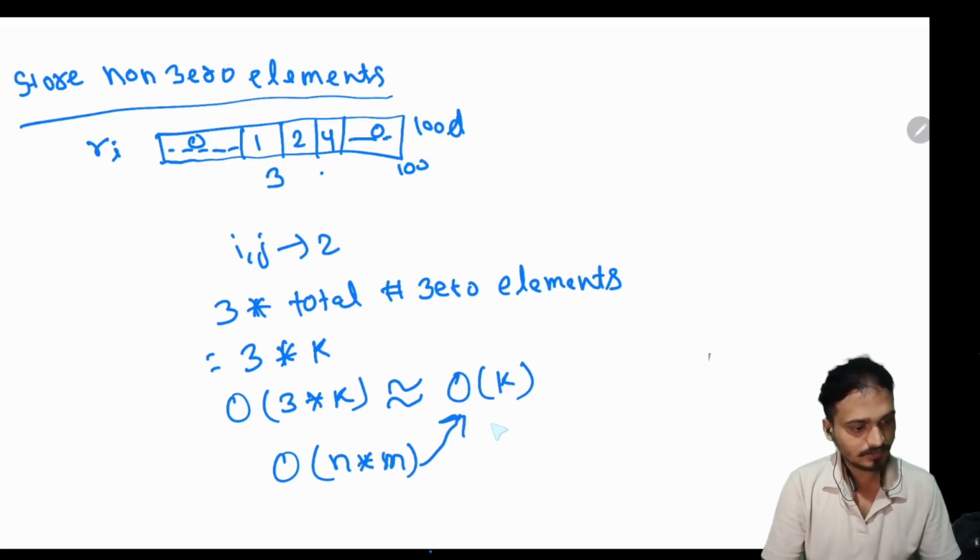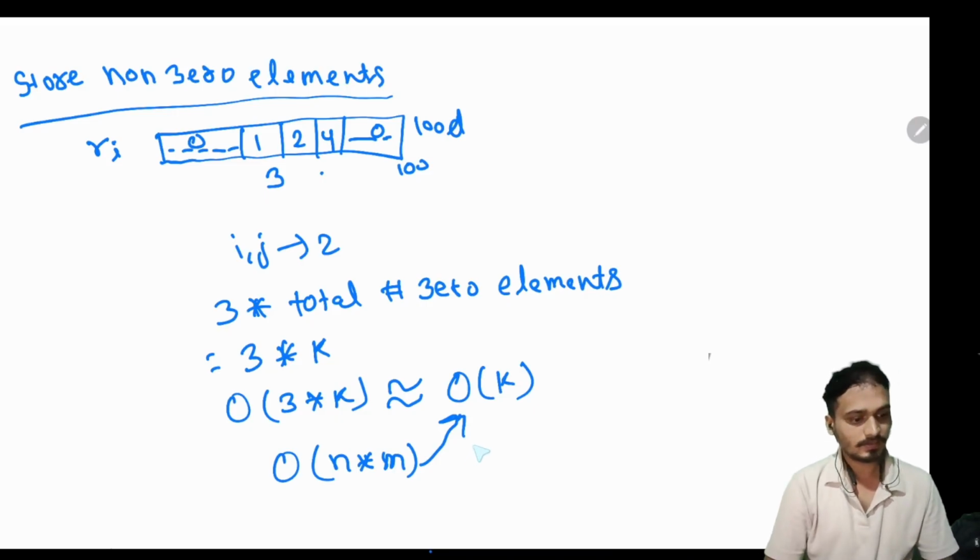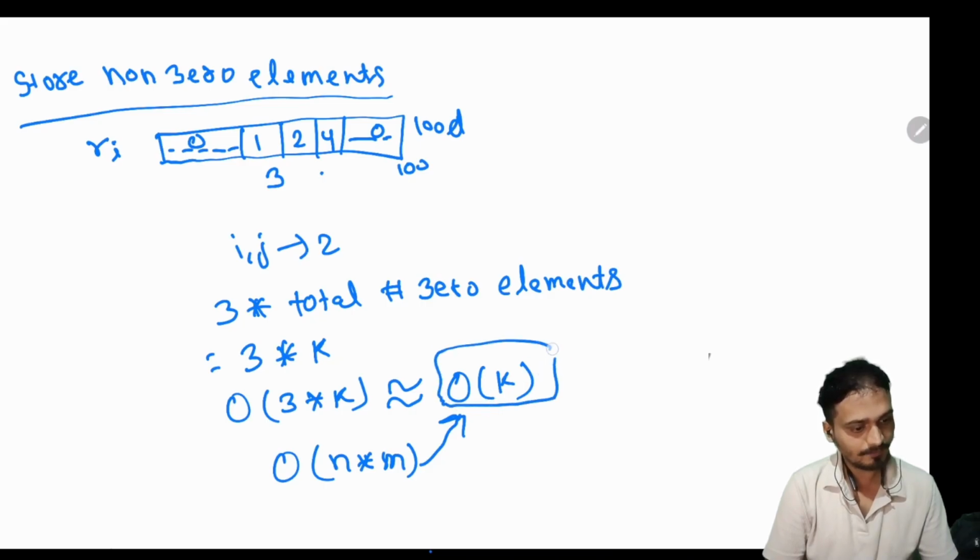So this is a tremendous reduction in space. This is how we store the matrix in the bag of words that we already studied, and this is the space complexity that we finally achieve for storing the bag of words.